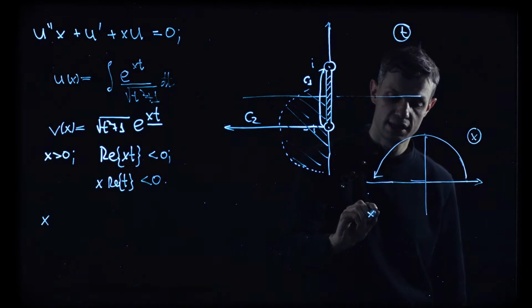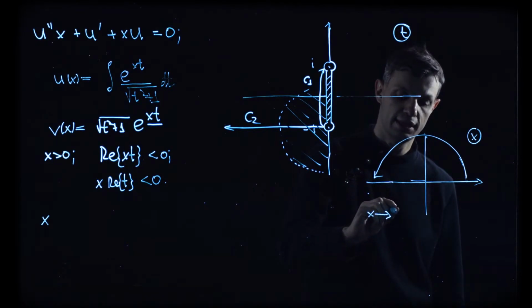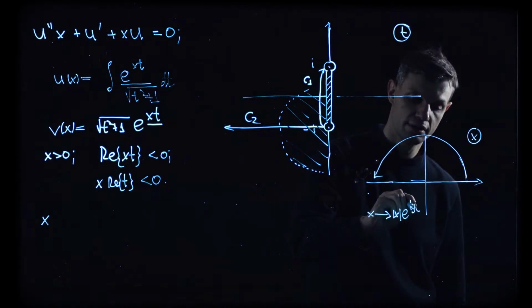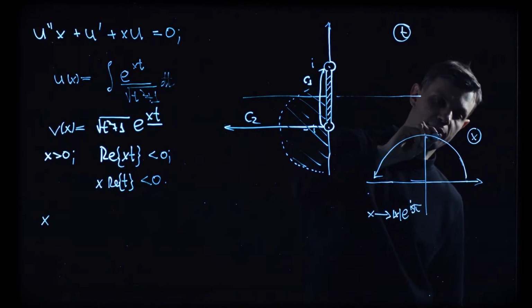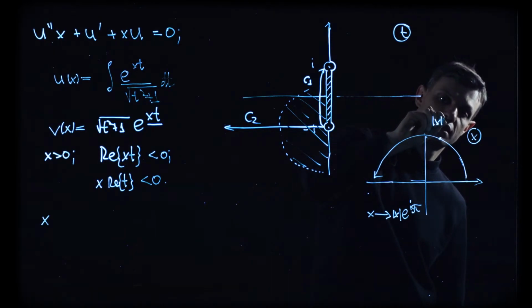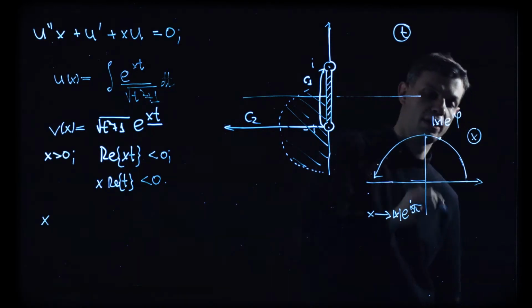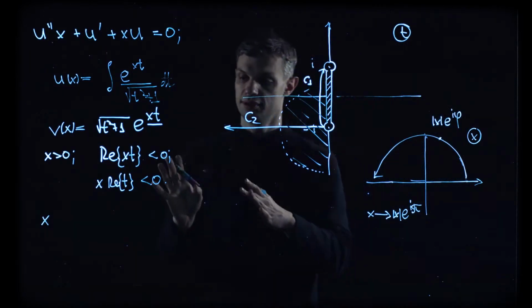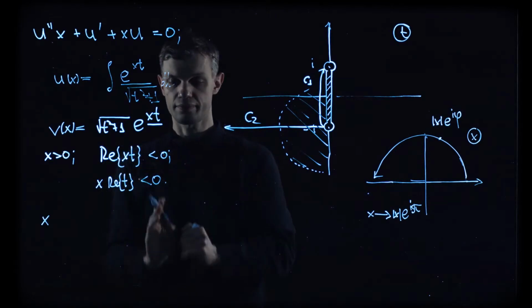So x changes to modulus x times e to the i pi. When x is here, it's simply modulus x times e to the i phi, where phi changes from 0 to pi.